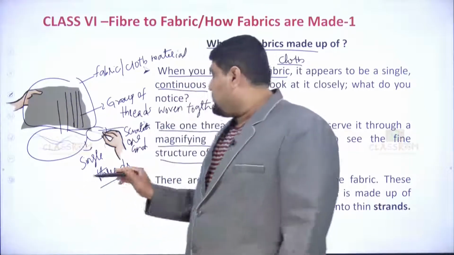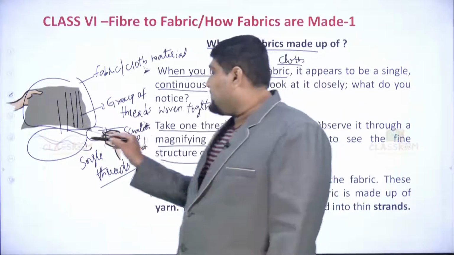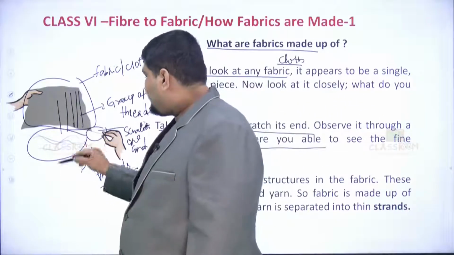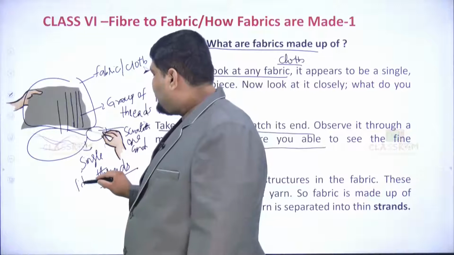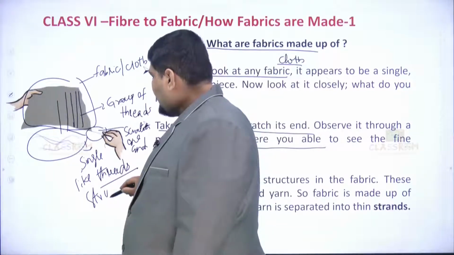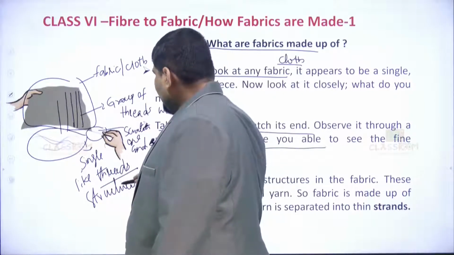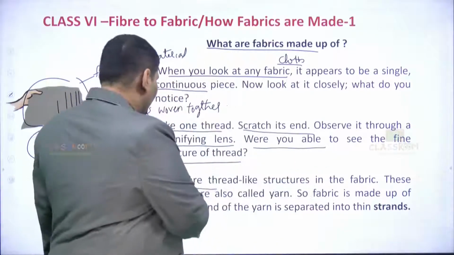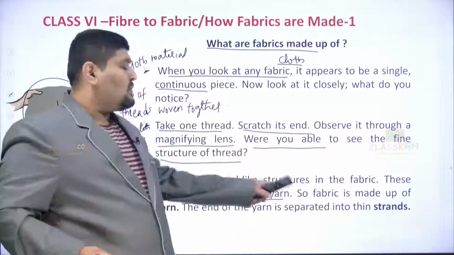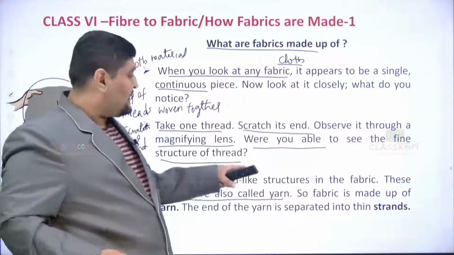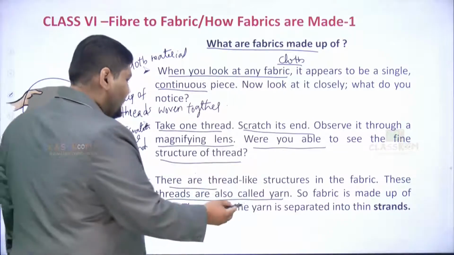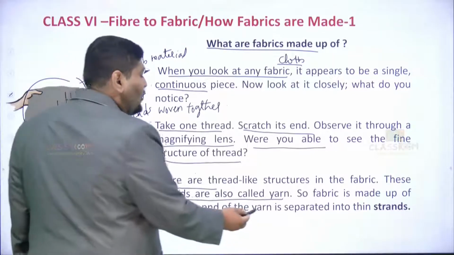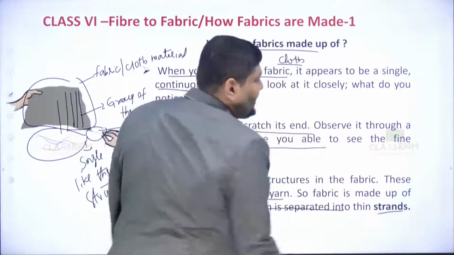That's important. Here you can find thread-like structures. Can you see now, these are thread-like structures, single thread-like structures. The single thread-like structures which you find in the fabric are also called yarn. We say yarn also, and this fabric is made up of yarn, and the end of the yarn is separated into thin strands.